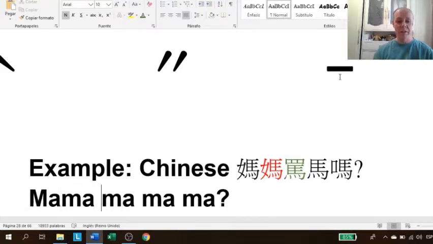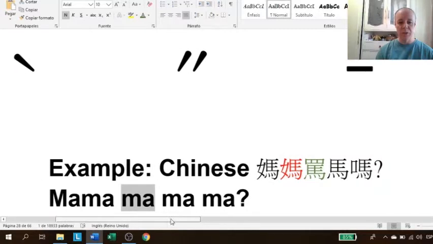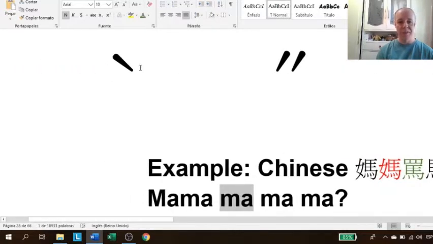The second one is, I said horse, but the second one is to scold. To scold is ma. It has a decreasing intonation and is represented by this symbol. It starts up and goes down. Ma, like this.